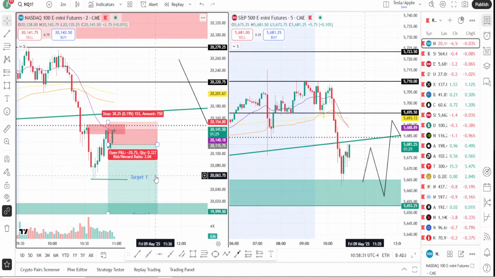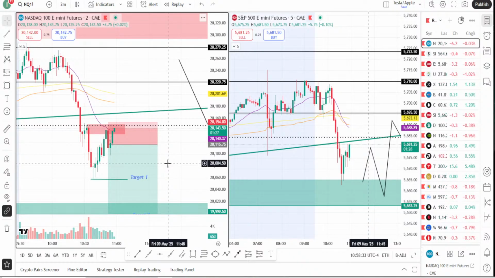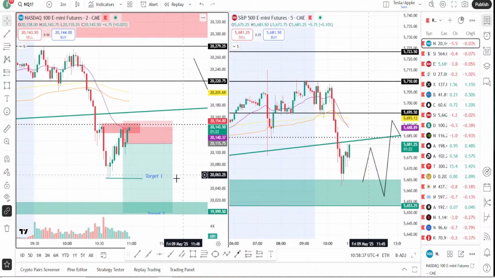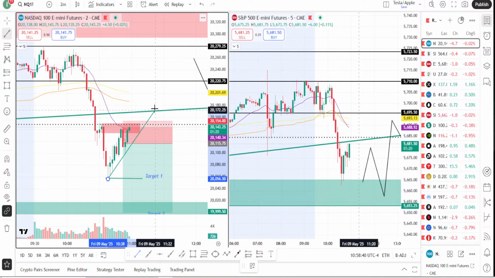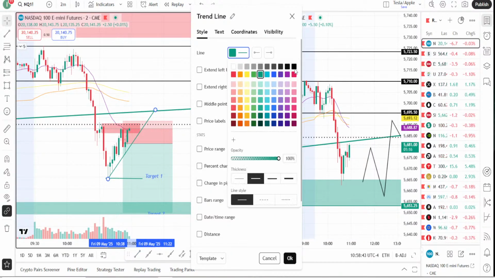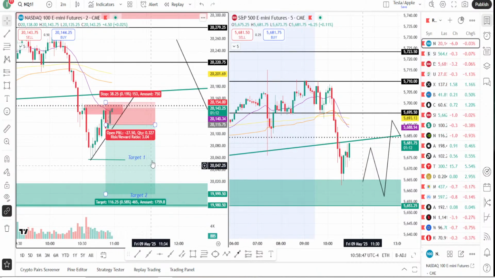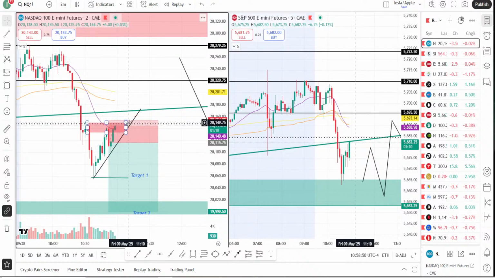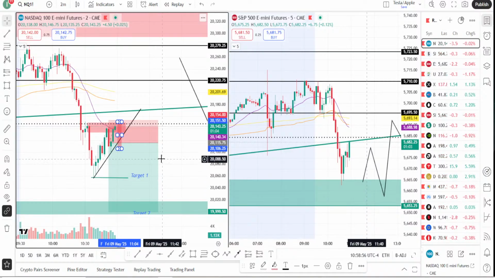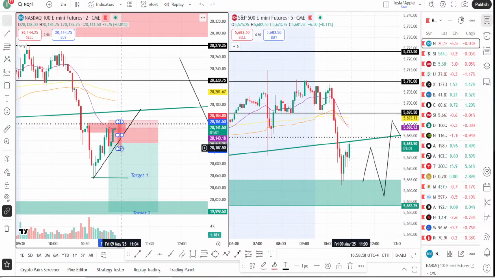I will keep a tight stop on this. If the sellers then close below this trend line, I would then jump back on shorts.